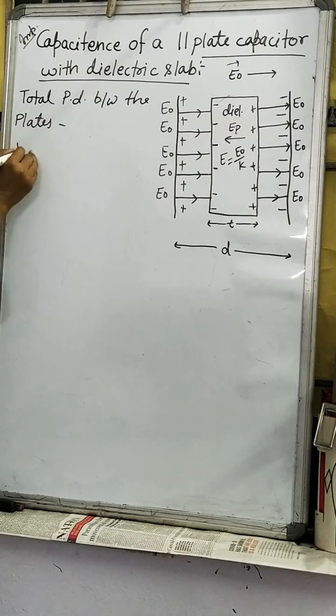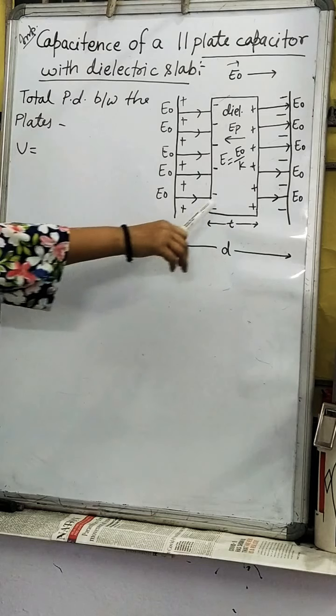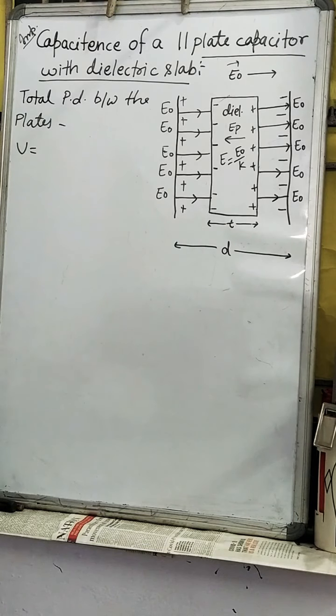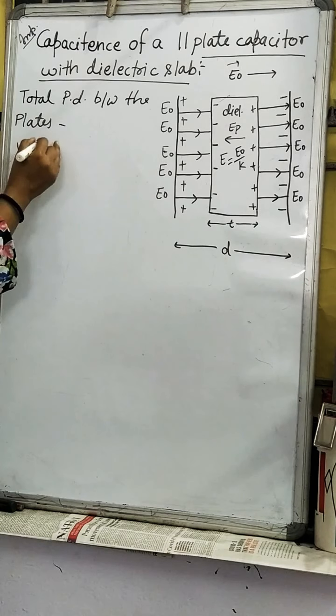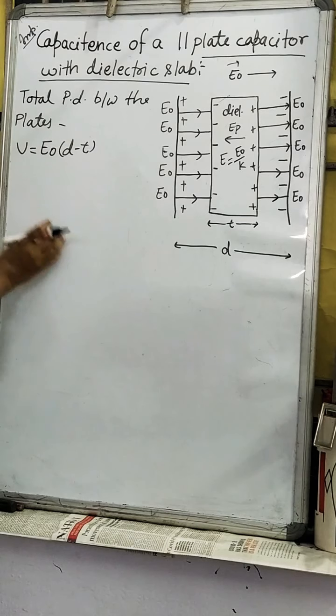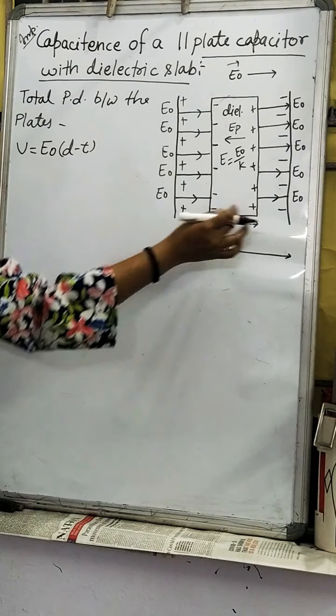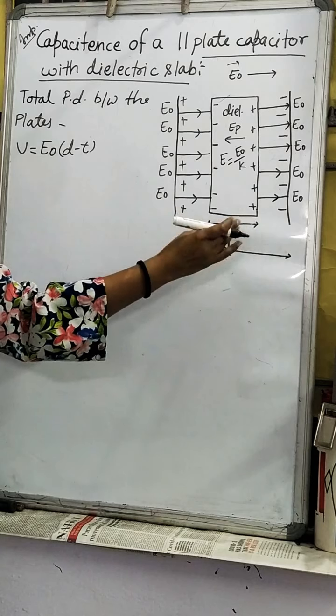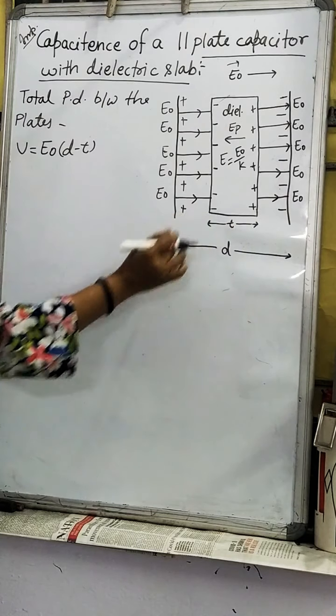We know V equals E times d by the relation of potential difference and electric field. So for the region outside the slab we write E naught (d minus t). Complete separation is d; if we subtract t, that is the remaining region.